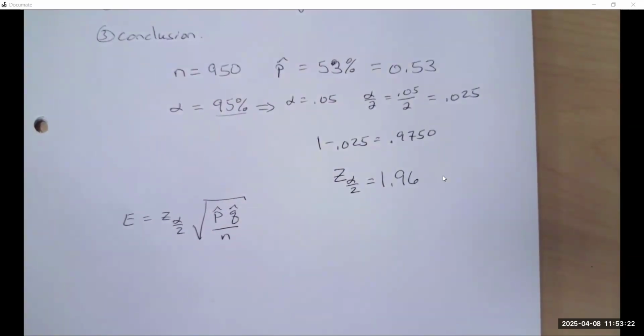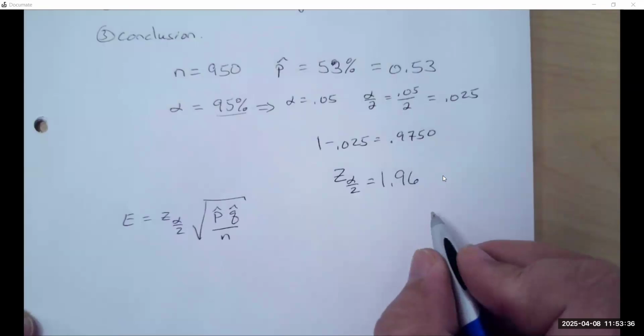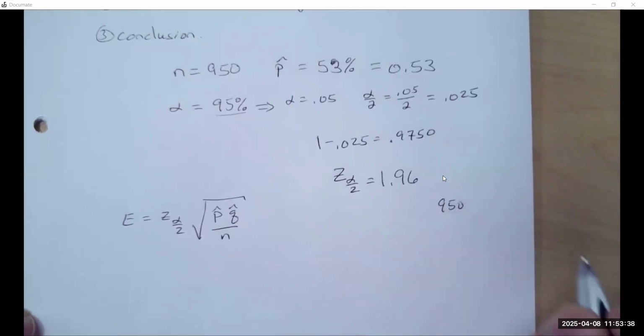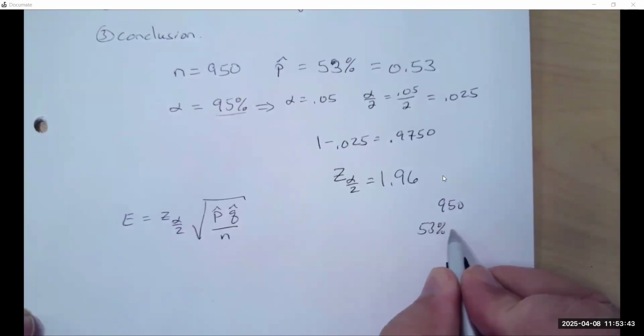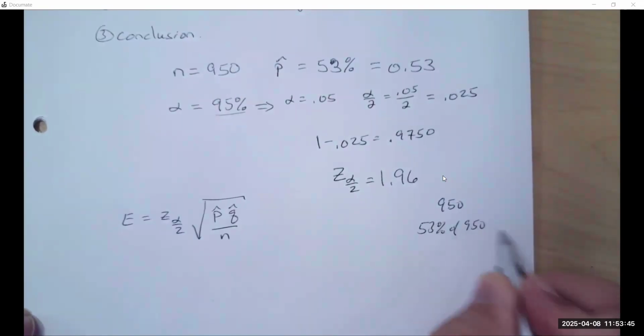No. Well, that'll be what's left over. We had 950 people. What's 53% of 950?